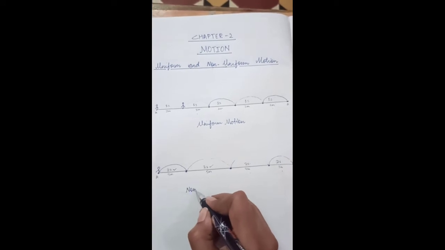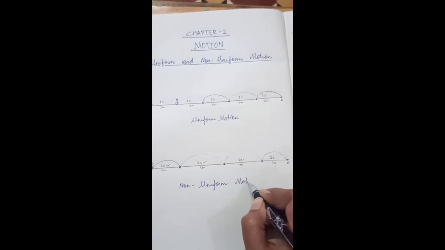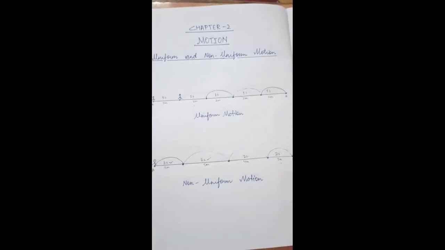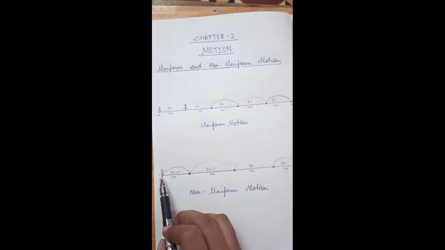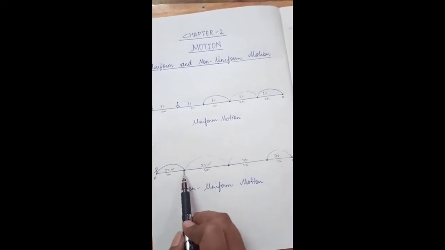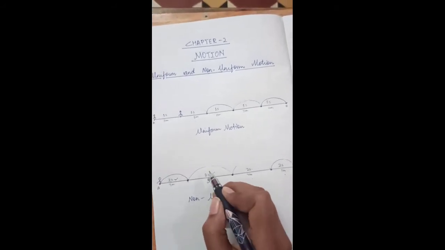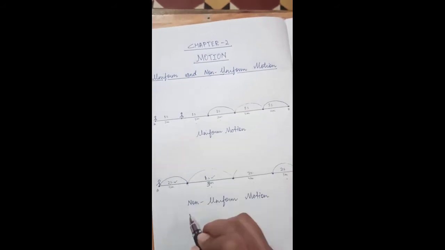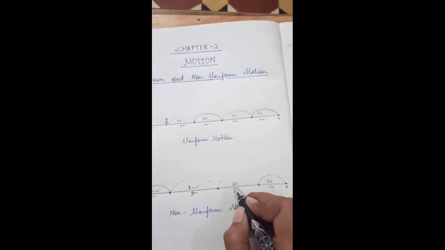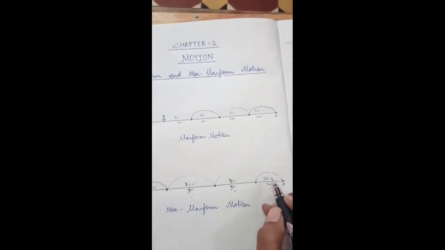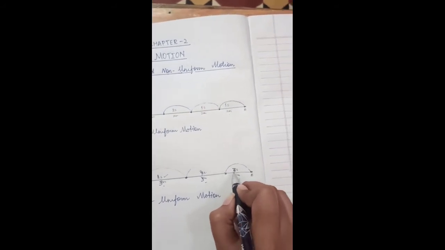So this motion is non-uniform motion. And now suppose I say that a girl moves a distance of 3 meters in 2 seconds, then again she covers 3 meters but in 1 second, and then again she covers a distance of 3 meters but in 4 seconds, and then she has covered a distance of 3 meters but in 3 seconds.